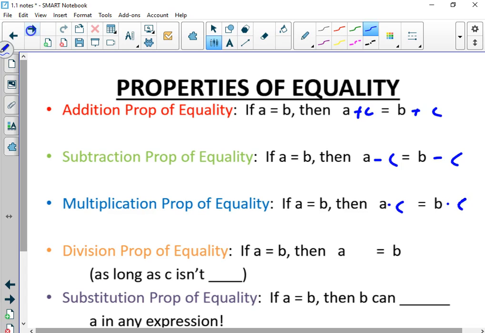A times C, B times C. And then division, A divided by C, B divided by C, as long as C is not what? What number can we never divide by, ever?